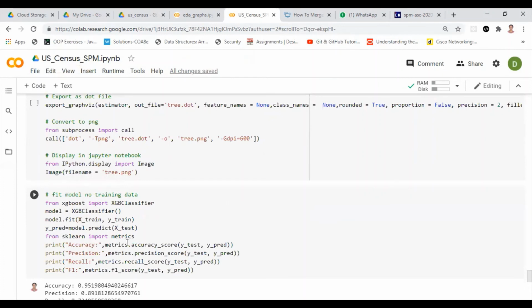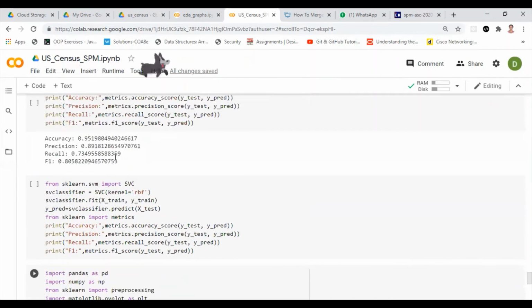Later, XGBoost algorithm was also applied. Here the results of the same can be seen. It can be seen that XGBoost algorithm gives good accuracy and a very high precision, but a lower recall when compared to the previous algorithms.